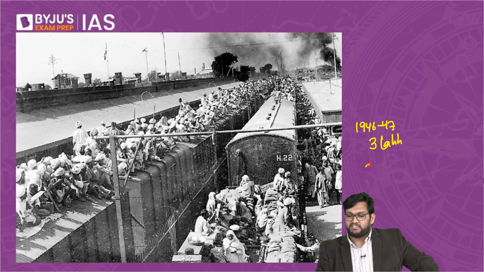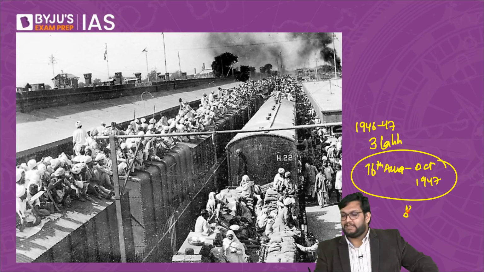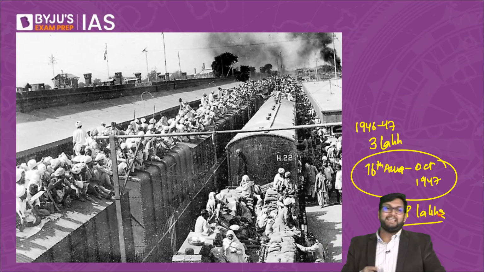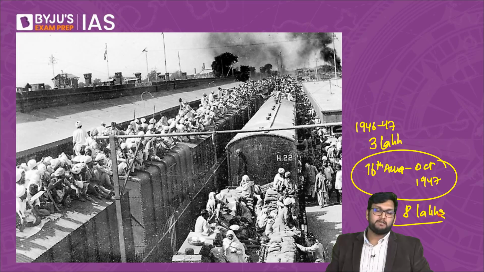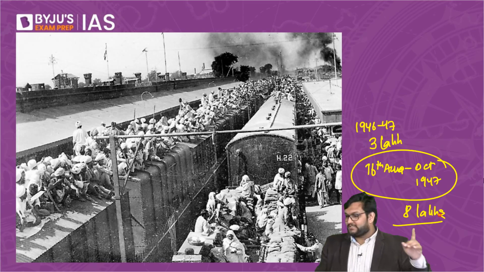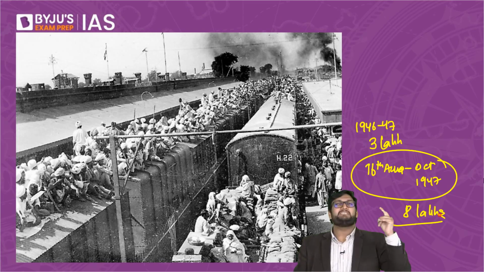And from 16th August to October of 1947, it became 8 lakh. 5 lakh refugees were now sitting in Delhi. So I hope you understand the first part of the story, which is destruction, death, terror, killing, and pain.